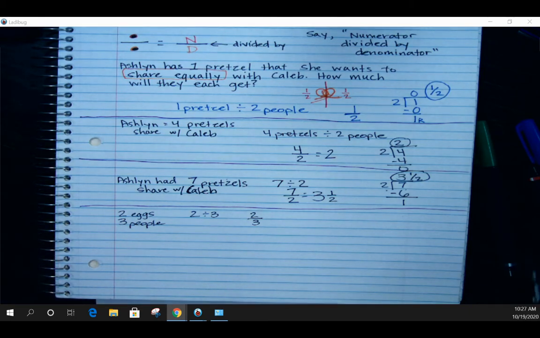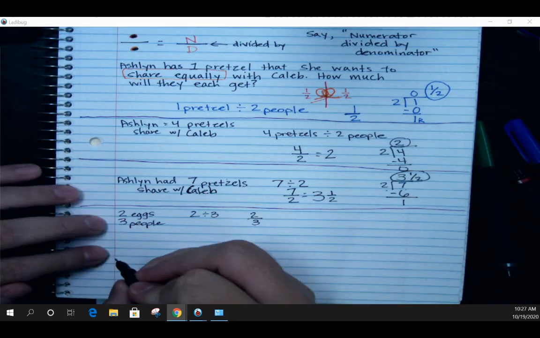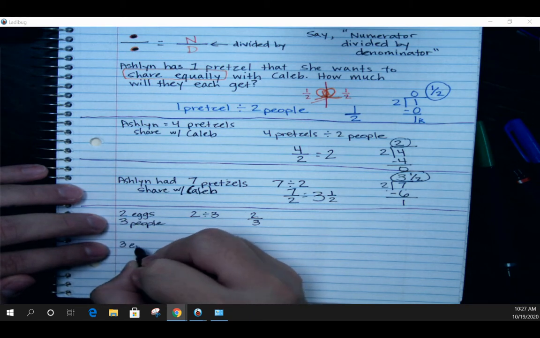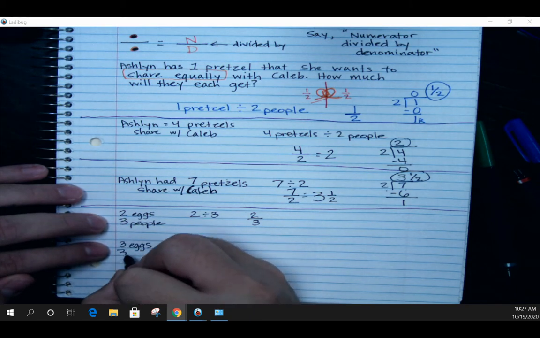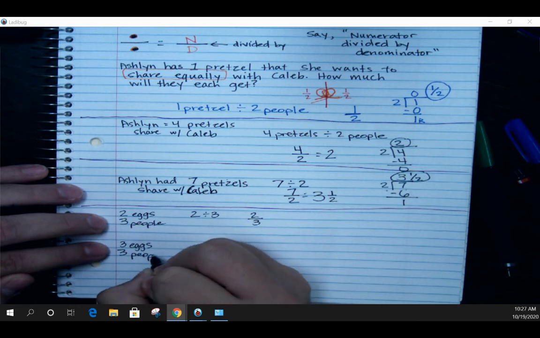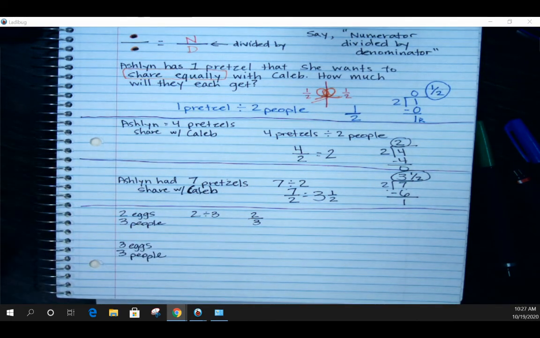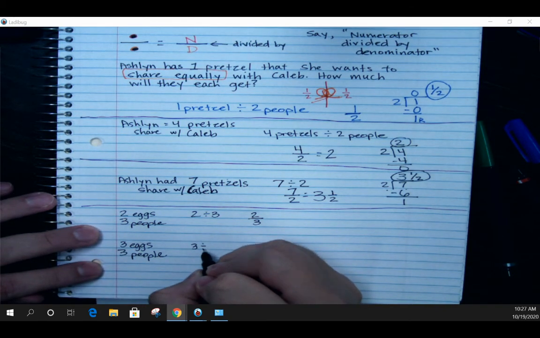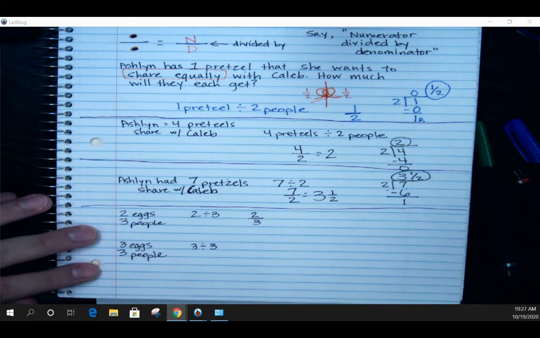So let's stay with that denominator 3 for a minute. And let's say that there's 3 eggs and 3 people. Which would be 3 eggs divided by 3 people, or 3 eggs shared equally with 3 people.